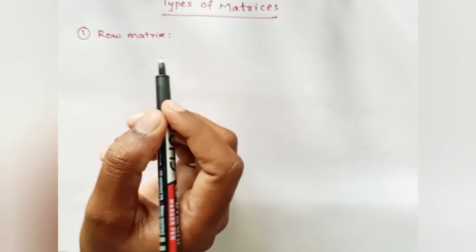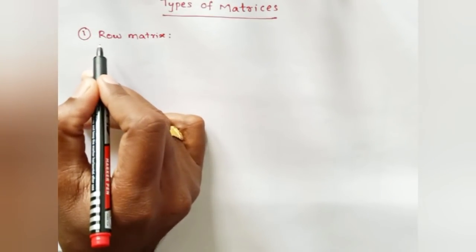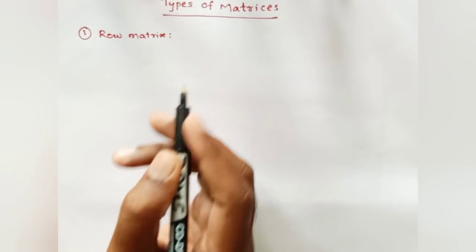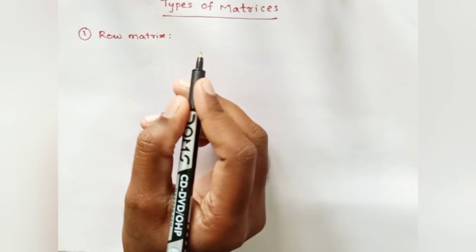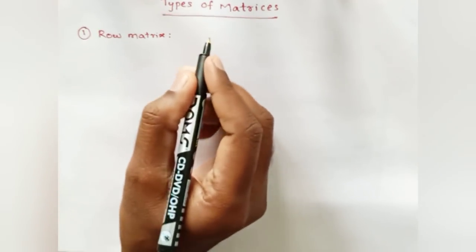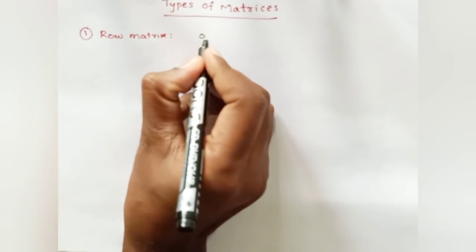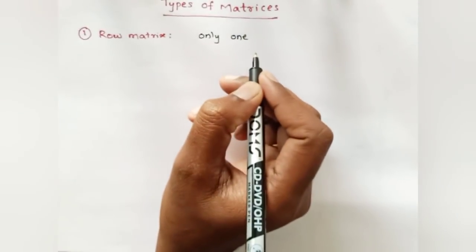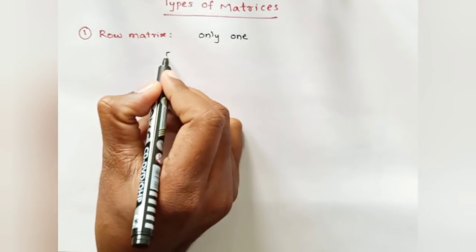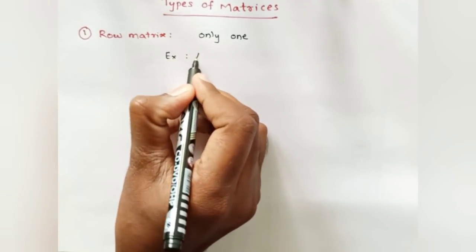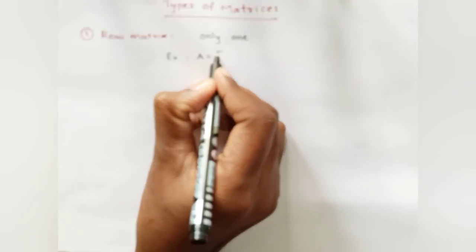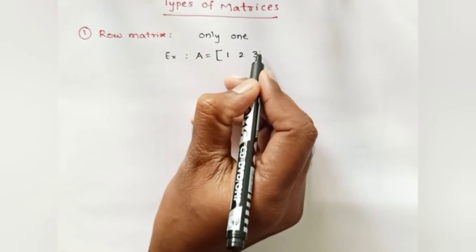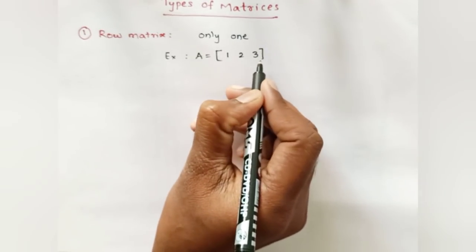The name itself says it: a row matrix contains only one row, or simply we can say a matrix with only one row is called a row matrix. For example, a matrix A with the elements 1, 2, 3.